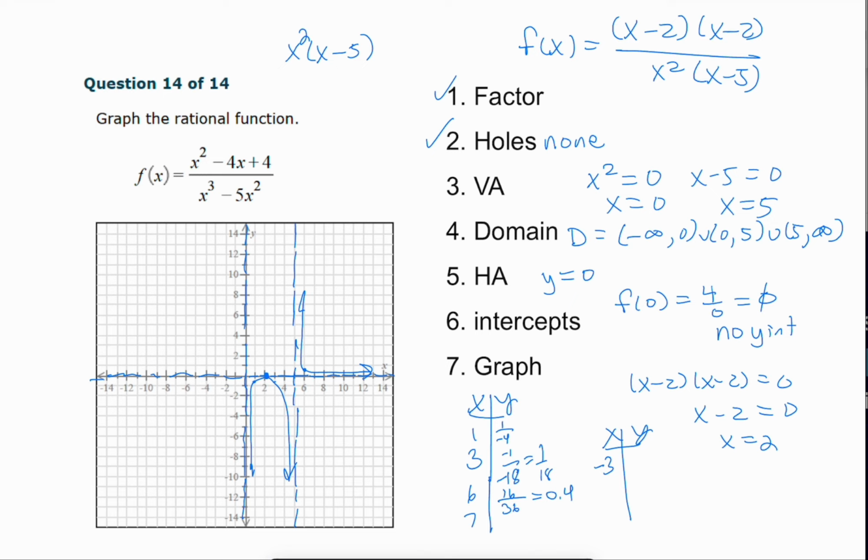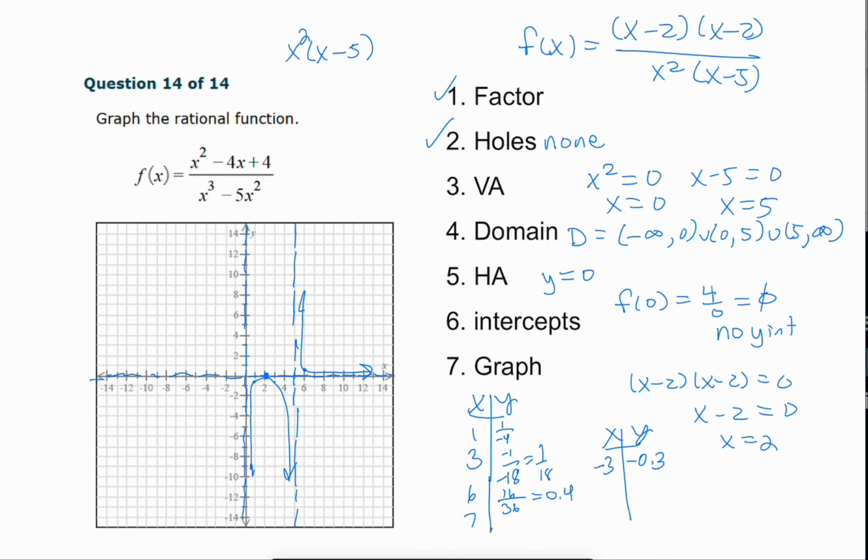Okay, if you plug in -3, you get 25 over 9 times -8, which is about, I'm just going to give you the decimal, about -0.3.